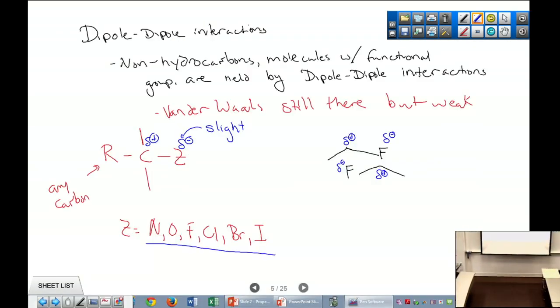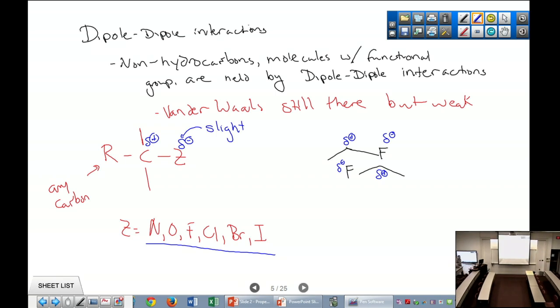Right? So when you bond a carbon to a more electronegative element, you form a dipole. So you might remember this. You have a positive end and then a negative end. So the arrow kind of points to where the electrons are. Right?